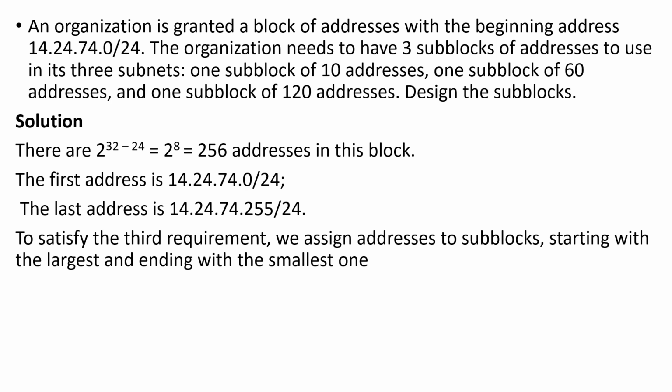Similarly, for the last address, the leftmost n bits you keep as they are, and the remaining rightmost 32 minus n bits you make 1. So the first address in this case is 14.24.74.0/24. The last address in this network is 14.24.74.255/24. To satisfy the third requirement, we assign addresses to sub-blocks starting with the largest and ending with the smallest one.